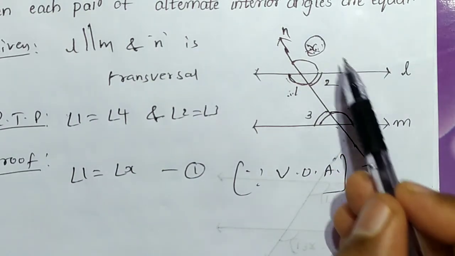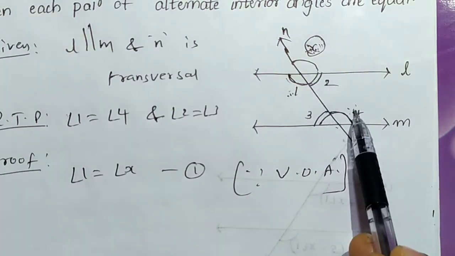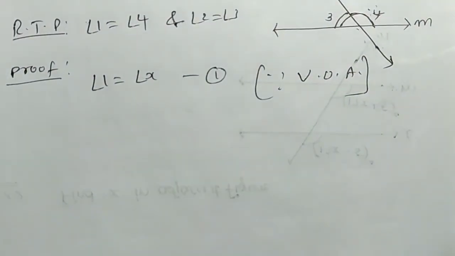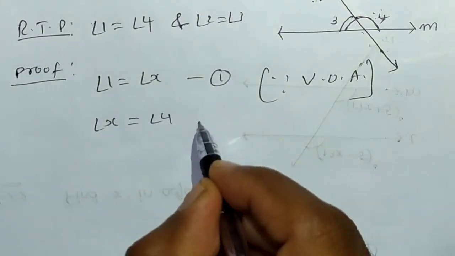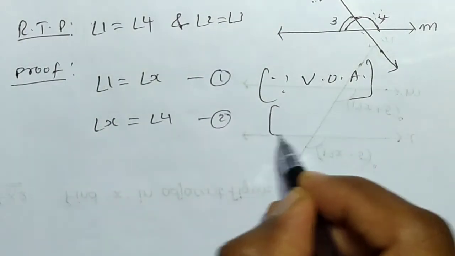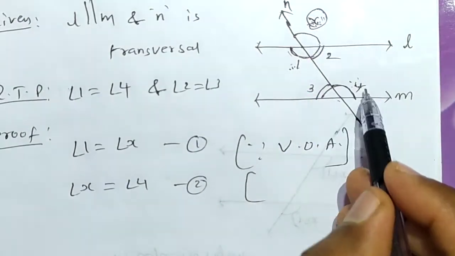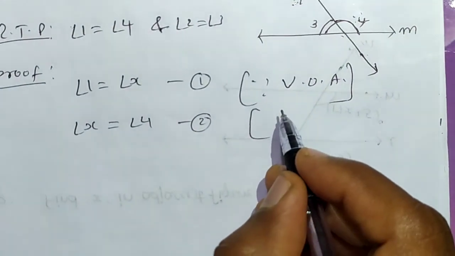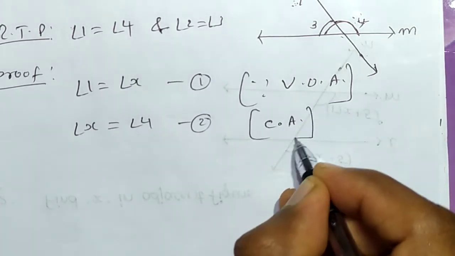We know very well corresponding angles are equal. Here angle x is equal to angle 4. Why? So equation 2. The two are equal because the two are corresponding angles. CA means corresponding angles.